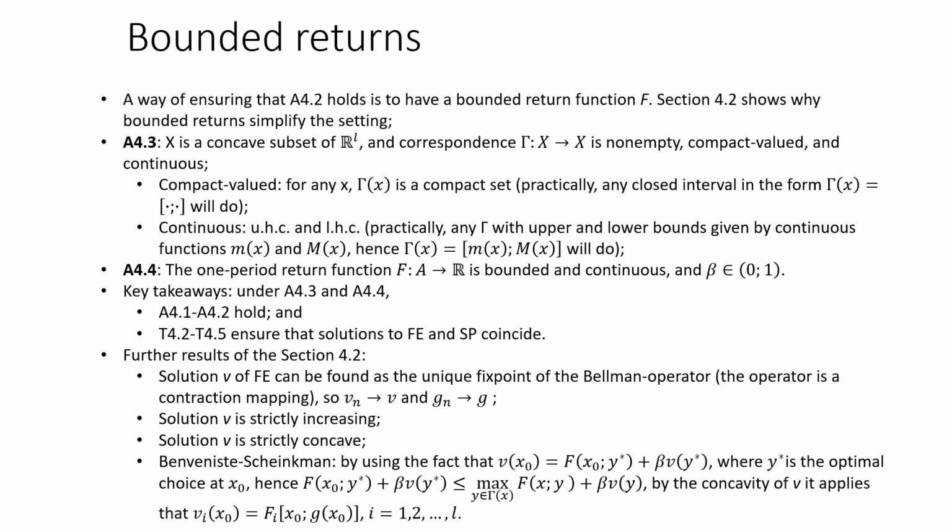So the Benveniste-Scheinkman formula offers a bypass through which we can calculate the first derivative of the value function by the first derivative of the one period return function, and we will use the Benveniste-Scheinkman formula extensively in the upcoming lectures and seminars, so you will see how extremely useful it is.